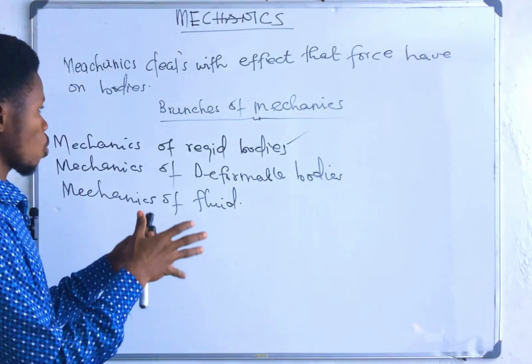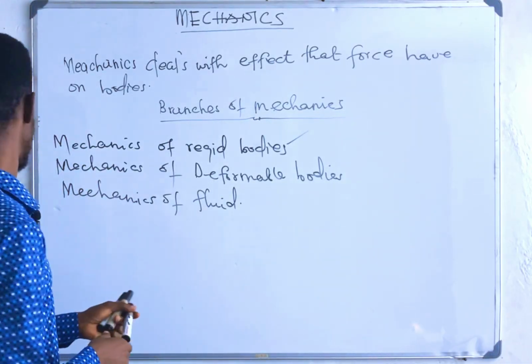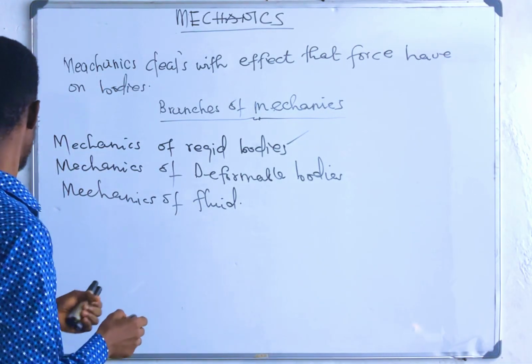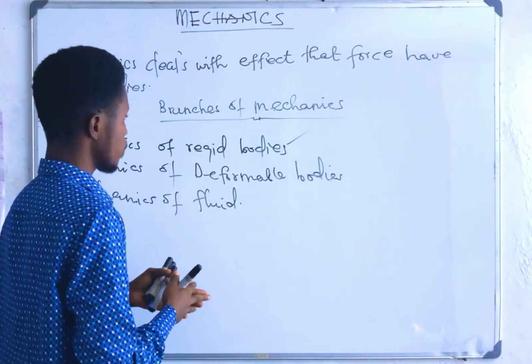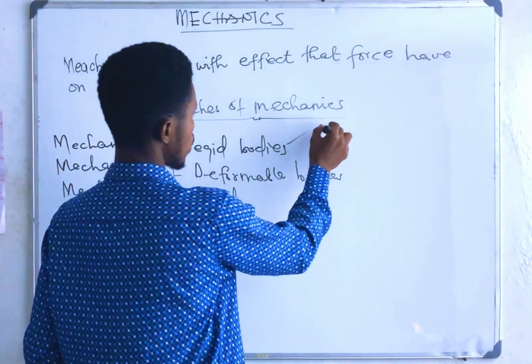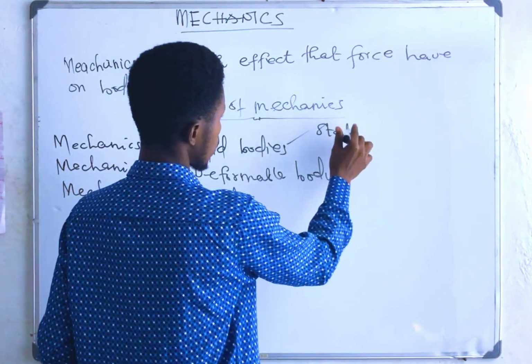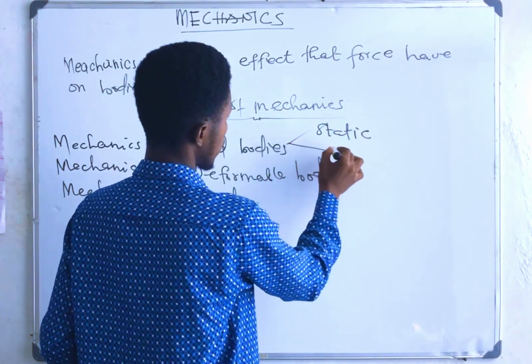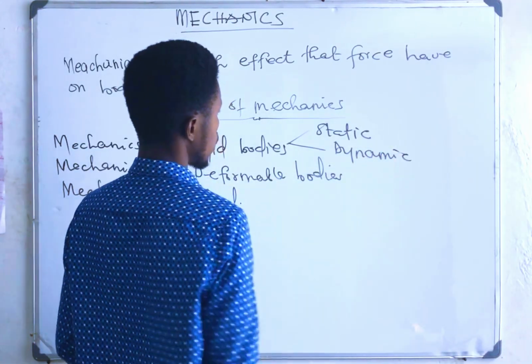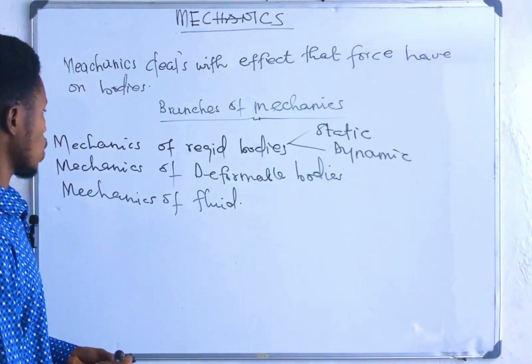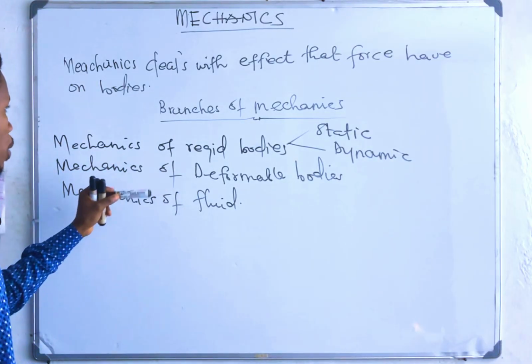So let's look at the types or forms under the mechanics of rigid bodies. For the mechanics of rigid bodies, you are going to have static and dynamic. So these are the two that fall under the mechanics of rigid bodies.